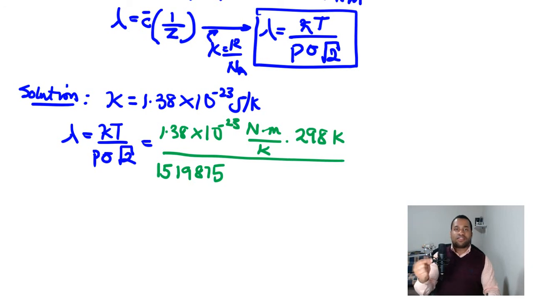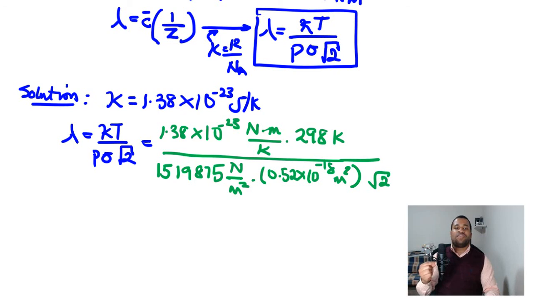So pascals is equal to newtons per meter squared. Therefore, once we have this, we then multiply this by the cross-sectional area, which is 0.52 times 10 to the negative 18 meters squared. Take note that this is also multiplied by the square root of 2.